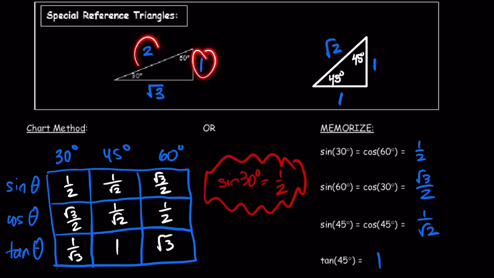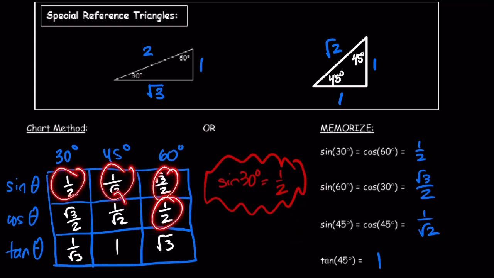I do know these sides, so if it's not 1 over 2, cosine of 30 has to be the other side, square root 3 over 2. Likewise, if I have to find sine of 60 degrees, I know it's not equal to sine of 30, so again, it has to be the other side. So that's how I kind of go through to memorize all 9 of these values. All right, like I said, this triangle should be relatively easy.